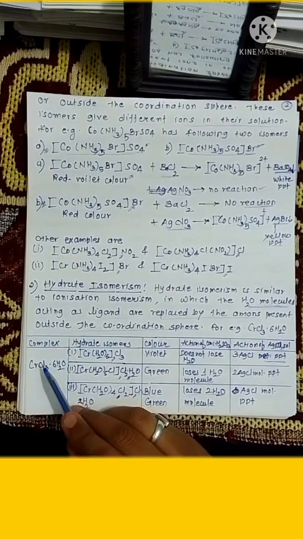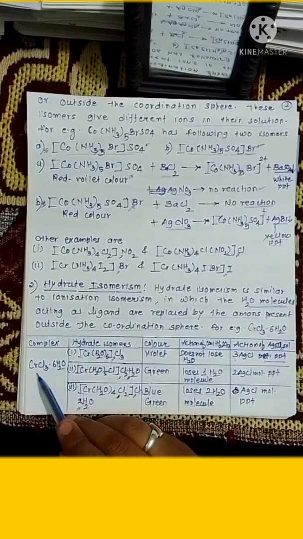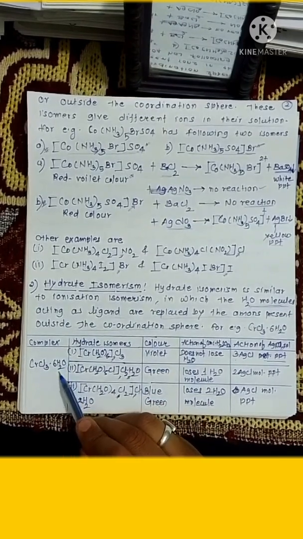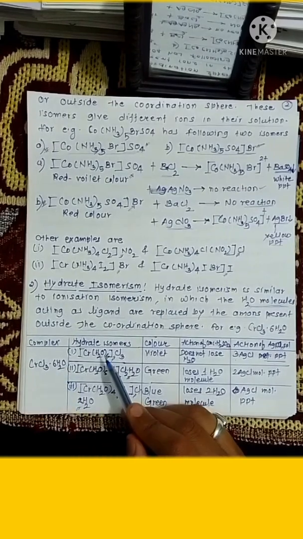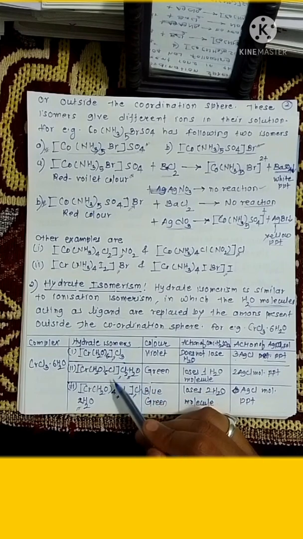Just see the example of the complex CrCl3·6H2O. This complex has 3 hydrate isomers, which are written in this tabular form.